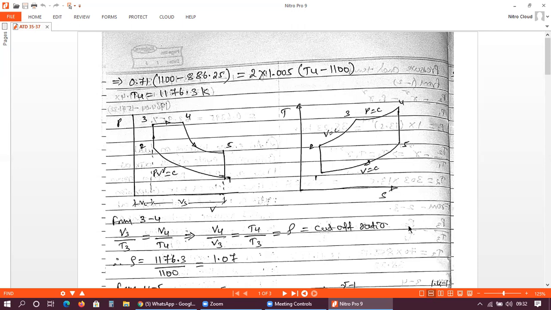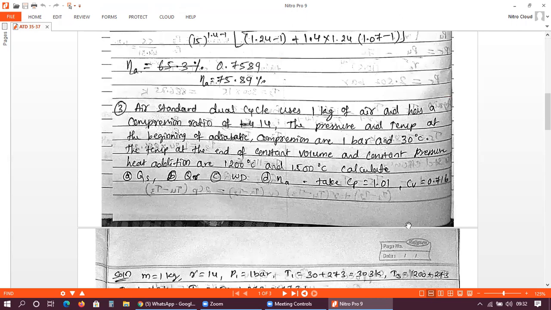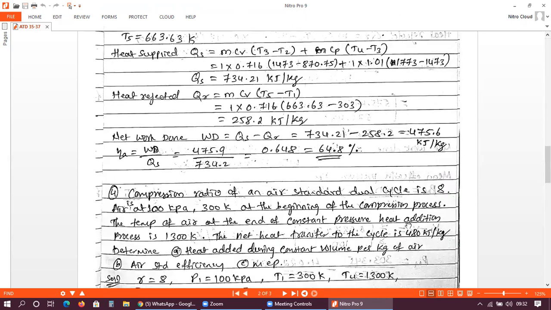So for that, we have to write the equation. QR is nothing but the heat rejected. It is given by mCv, because it is a constant volume process, into (T5 minus T1).